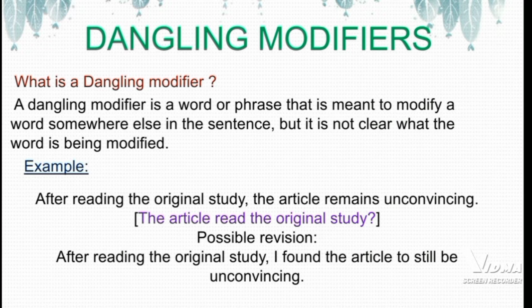So, a dangling modifier is a word or phrase that makes the meaning of a sentence swing or feel incomplete. It is meant to modify a word somewhere else in the sentence, but it is not clear which word is being modified.